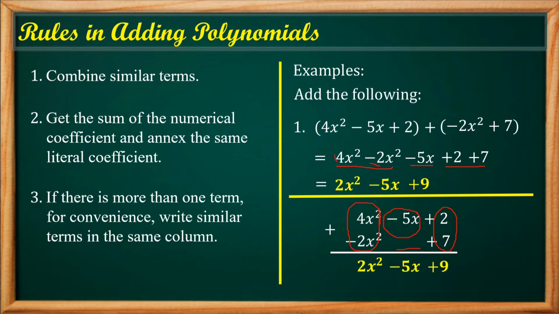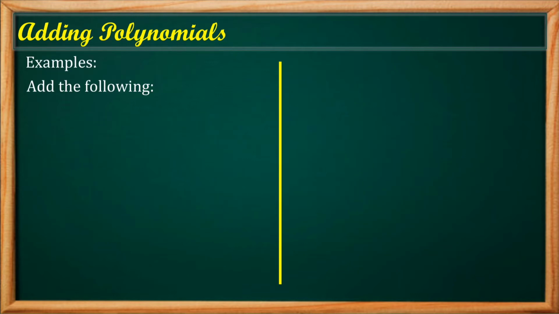Nasa sa inyo kung ano yung mas madali at mas convenient sa inyo. Pwedeng ganito or pwede ring ganito, it's up to you. Maraming paraan kung paano magsagot ng problema.